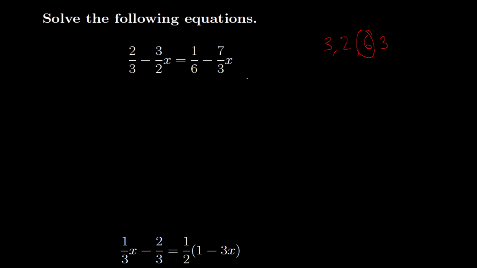So 6 is the LCD in this case. 6 is divisible by every single denominator. 6 goes into 6 one time, 3 goes into 6 twice, 2 goes into 6 3 times. So we can multiply throughout both sides by 6.